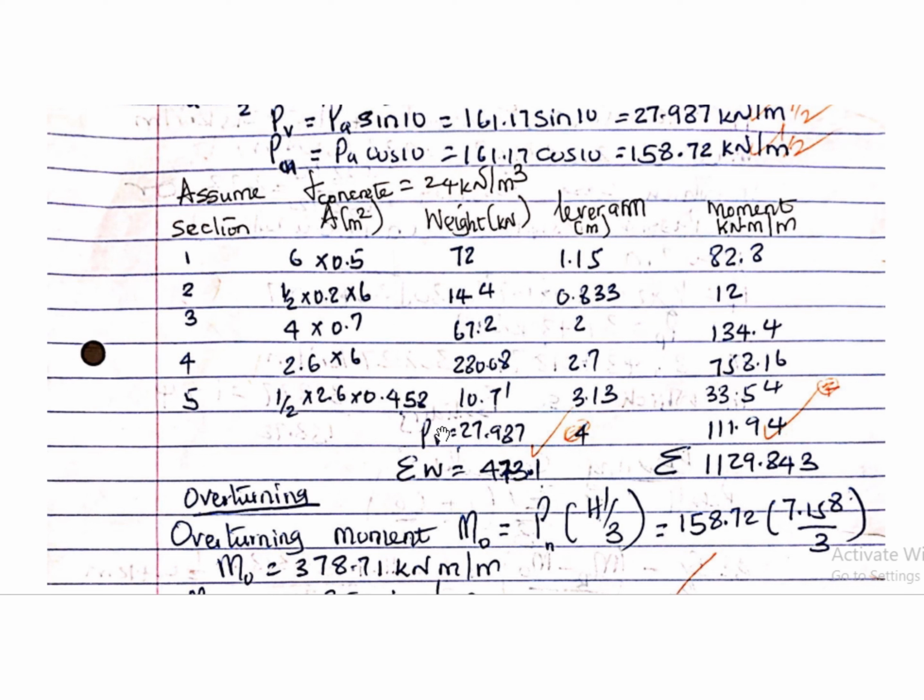And don't forget about the vertical force, and then the point of action. So you sum the moments, so this becomes the resisting moments, and this is the total vertical force. Don't forget, there's the soil, part of the soil, and also the sections of concrete.